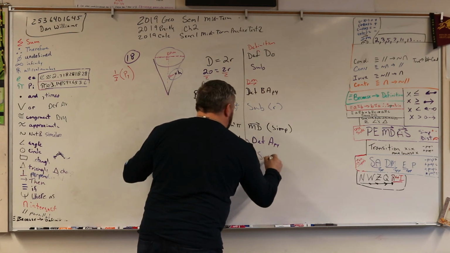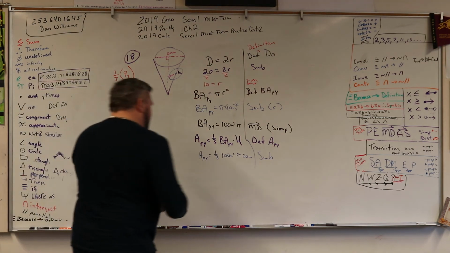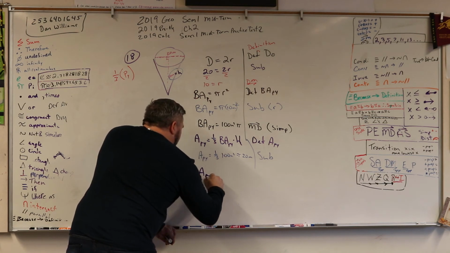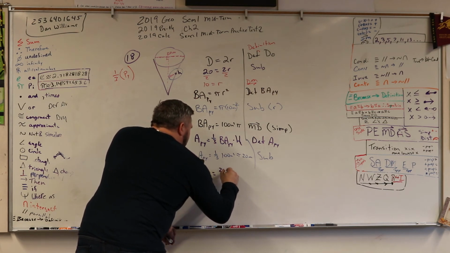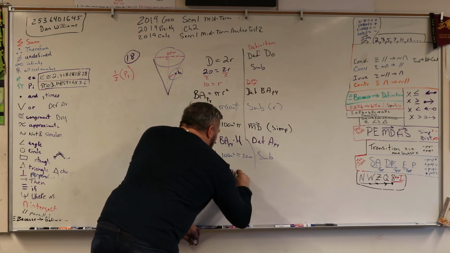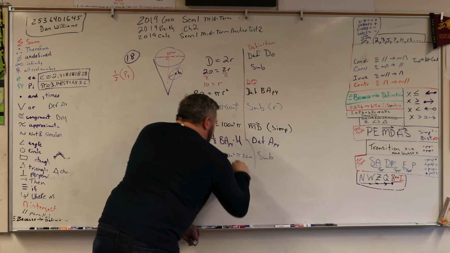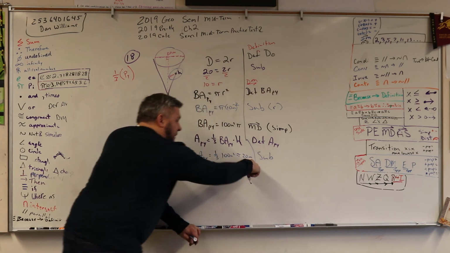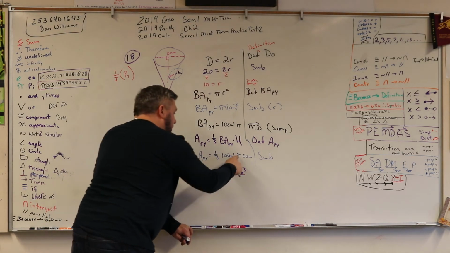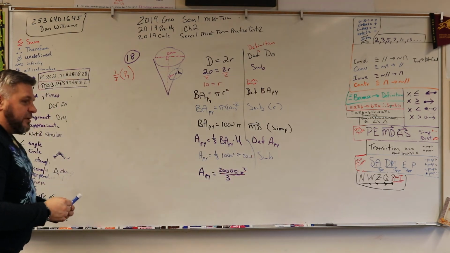And that is substitution. So we have the answer: the area of a pyramid is equal to 2,000 over 3 pi m cubed, because the m squared and the m make m cubed. Because 2 plus 1 is 3. That's how we deal with exponents.